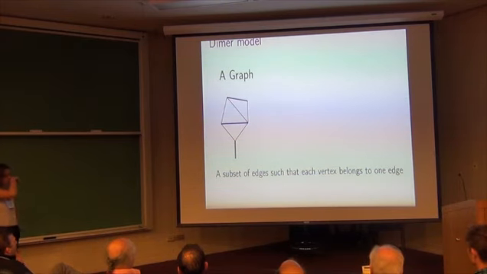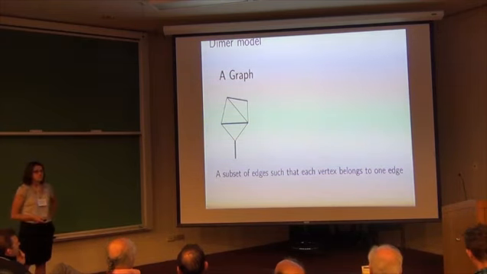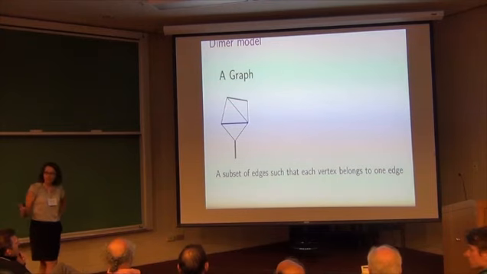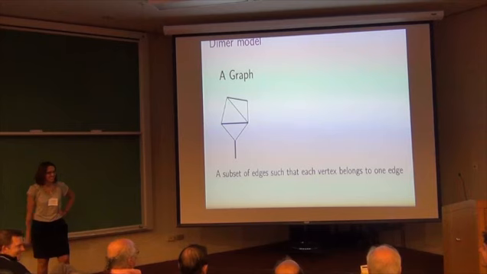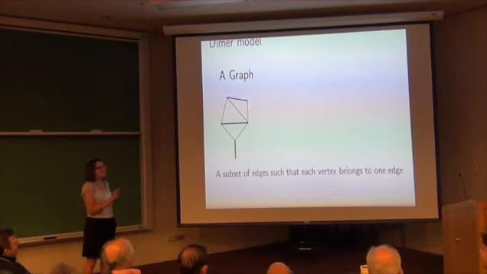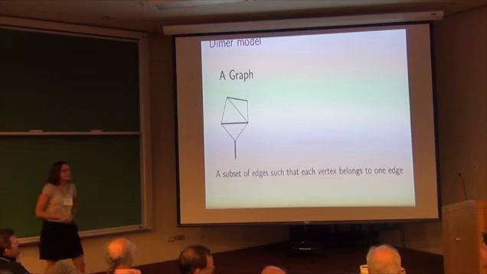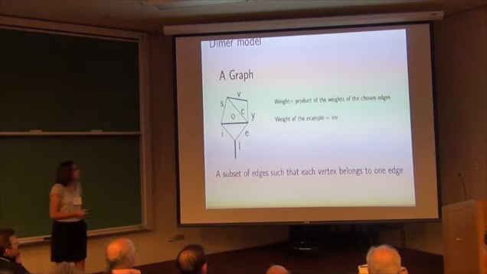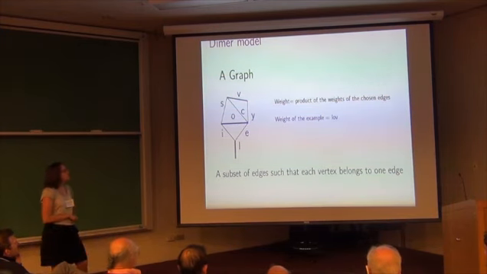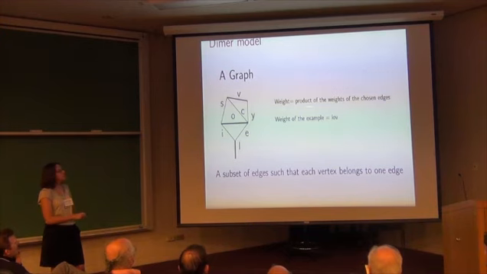That's a dimer configuration. And to each dimer configuration, I'm going to give a weight. So I put some labels on my edges, and the weight of the configuration is going to be the product of the weights of the chosen edges. So here I chose the edges R, O, and P.